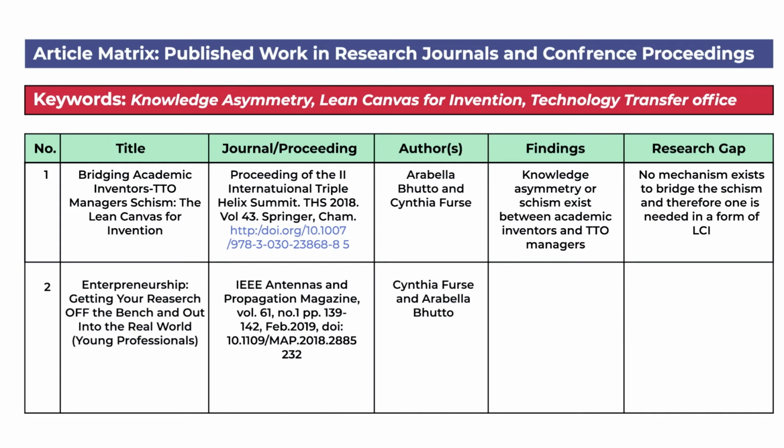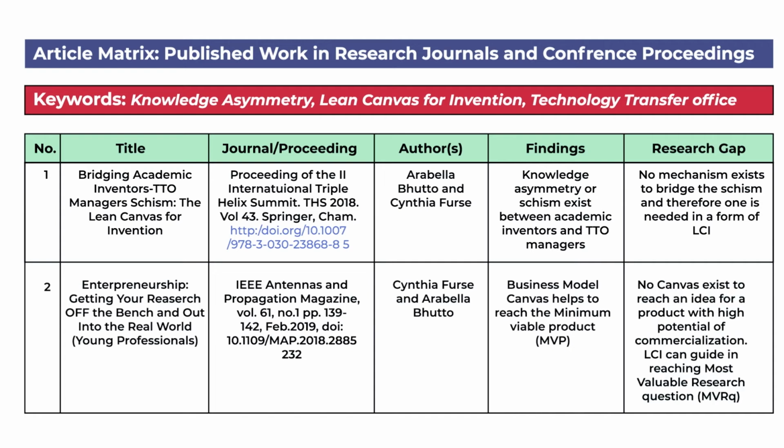This paper has findings that at the moment a tool named the business model canvas exists in the literature and helps to lead towards a most viable product. But at the same time, the paper talks about a research gap where it is proposed that a new canvas is required to give a researcher a basic understanding of how to polish their research ideas into products which will be viable to the market in future.